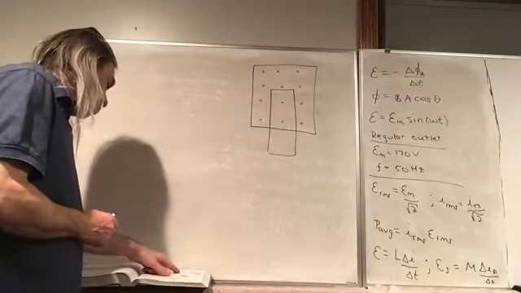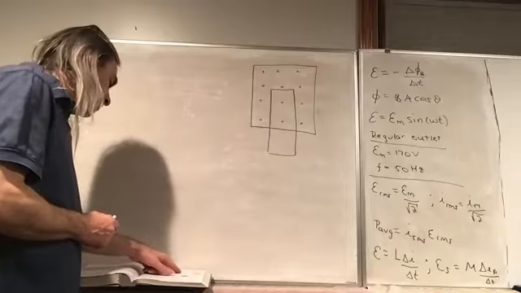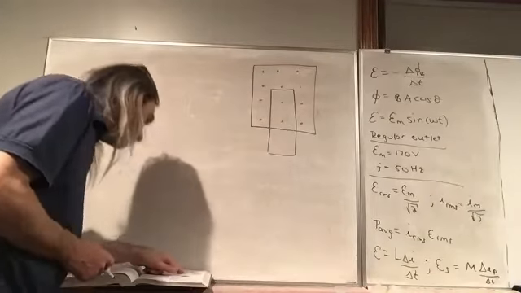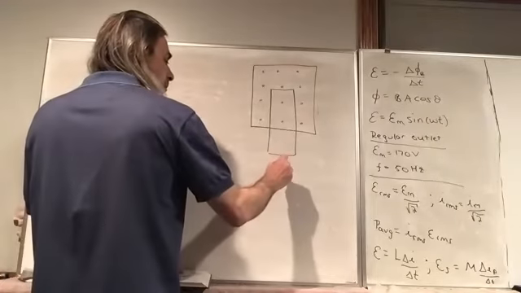A long, narrow, rectangular loop of wire is moving towards the bottom of the page with a speed of 2 centimeters per second.